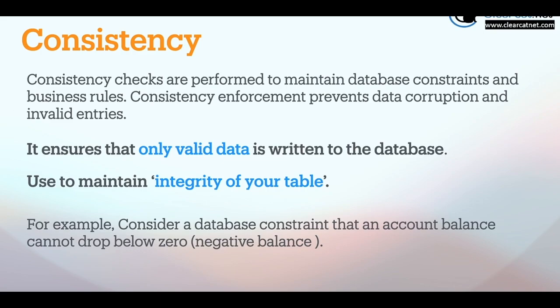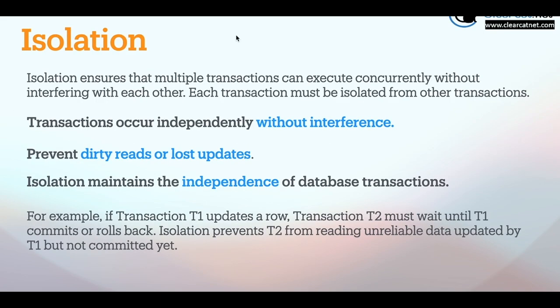Okay, the third one is isolation. It ensures that multiple transactions can execute concurrently without interfering with each other. Each transaction must be isolated from other transactions. I will show this with real queries in SQL Server, but first we'll go through the definition. Transactions occur independently without interference, preventing dirty reads or lost data.